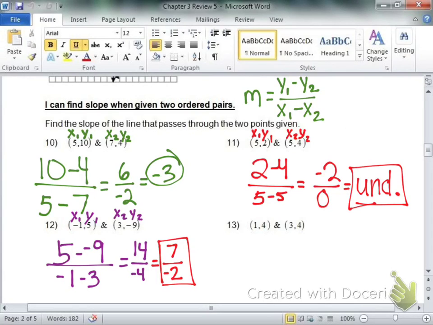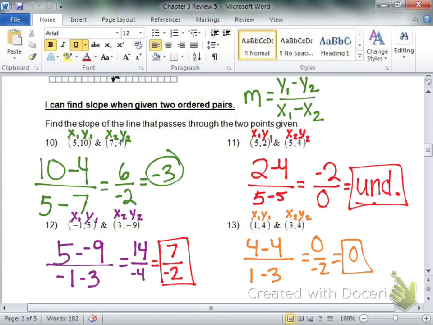So on the last one, again we have the x1, y1. We have the x2, y2. Y is on the top, 4 minus 4. X is on the bottom, 1 minus 3. That's 0 over negative 2. What is 0 divided by anything? 0. Notice the difference between 11 and 13.